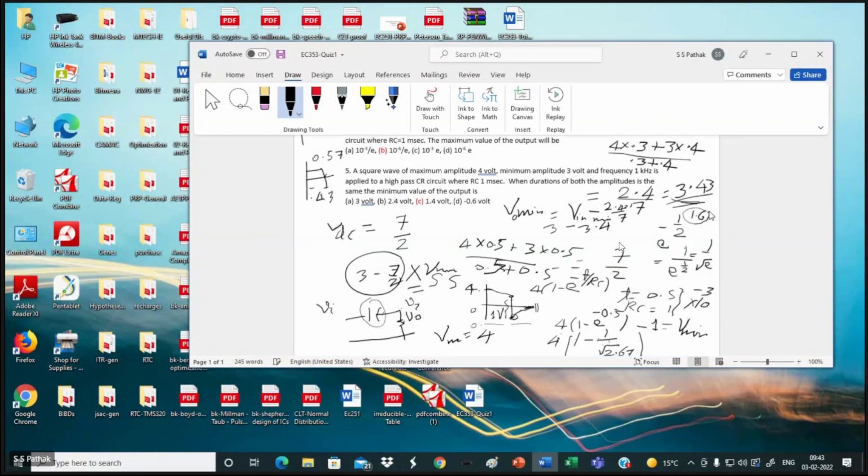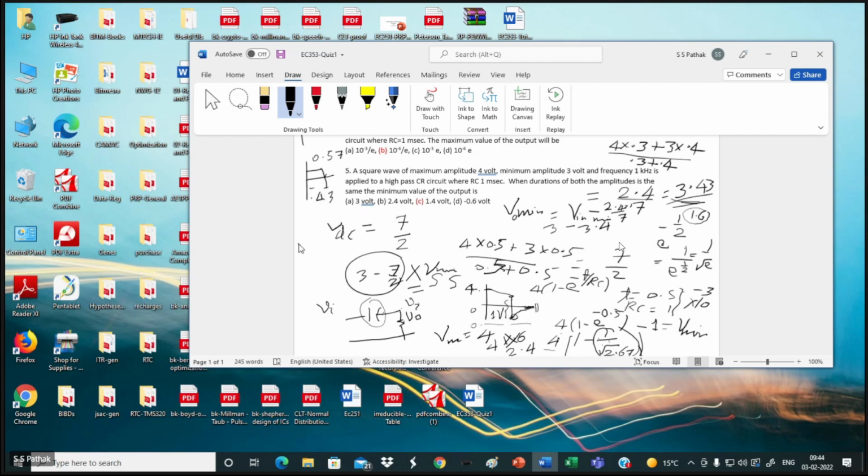It will be 0.6, no? 4 into roughly 0.6 is 2.4, divided by 1.6. Where is 1.6 coming now? This 1 divided by 1.6, so it will be 0.6 divided by 1.6. Okay, I got it.